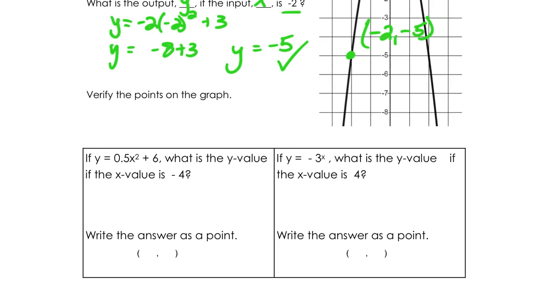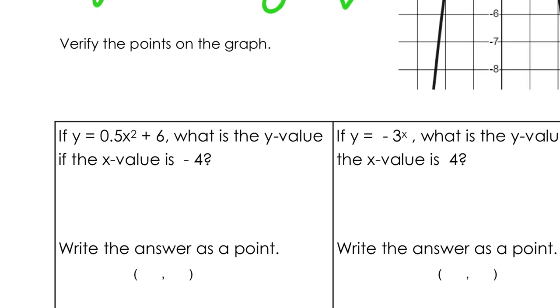So we're going to do the same process down here. If y equals 0.5x squared plus 6, what is the y value if the x value is -4? All right, so x is -4. That's my input. So y equals 0.5 times -4 squared plus 6.